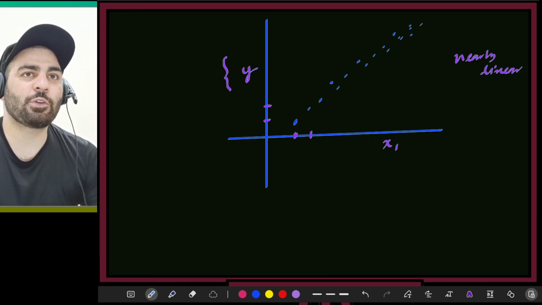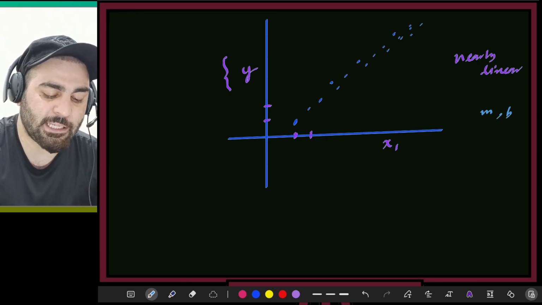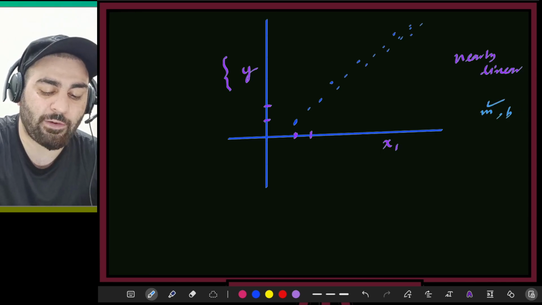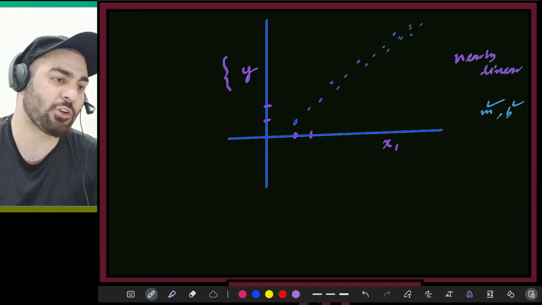Why? Because you cannot find values for m and b which satisfy all of these. Whatever line you find, whatever m and b you found, that should be passing through all the points, but you can clearly see that's not possible over here.